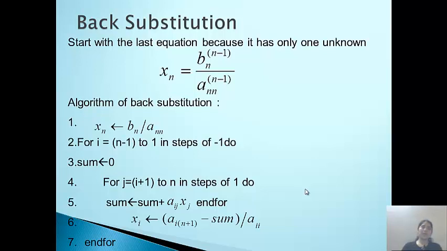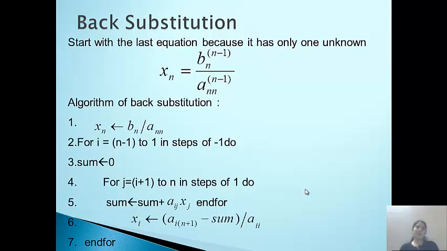The algorithm of back substitution can be given by xn equal to bn upon ann, as we have seen earlier, for i equal to n minus 1 to 1 in steps of minus 1. That is, from the lower equation to the upper equation we will move.